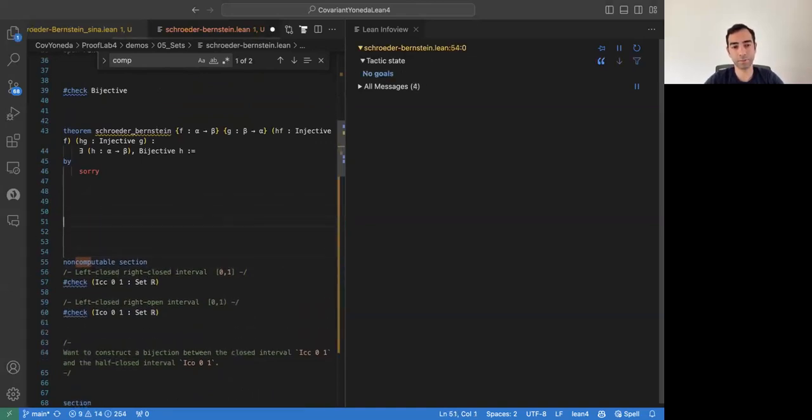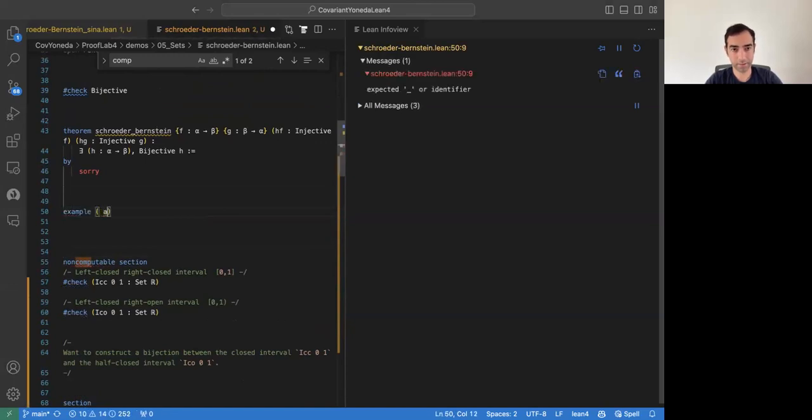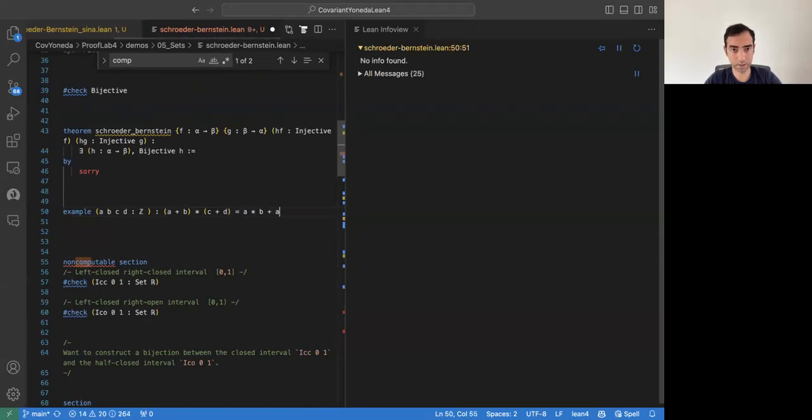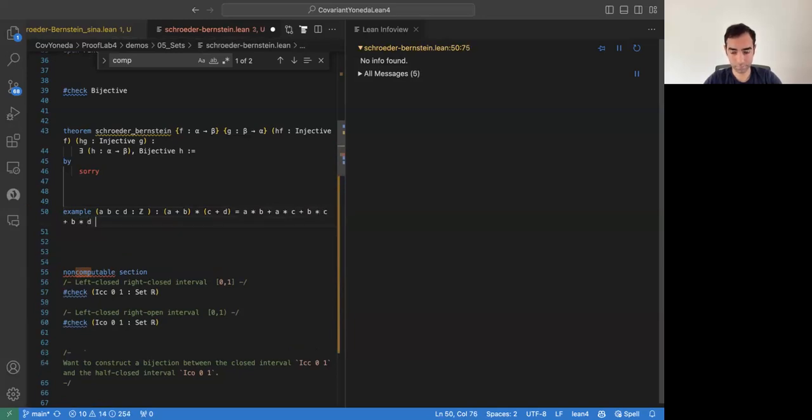So let's say that I wanted to prove, I had 3 integers, right? And I wanted to prove A plus B times C plus D. And I have to put brackets here, otherwise the parsing would not be as I intended. That this is A times B plus A times C. Okay.